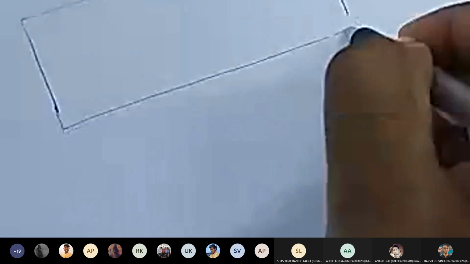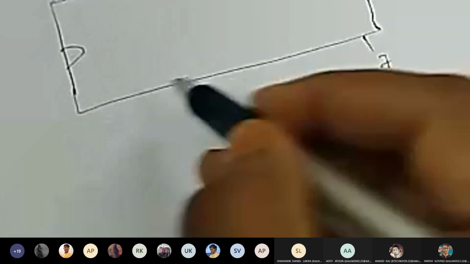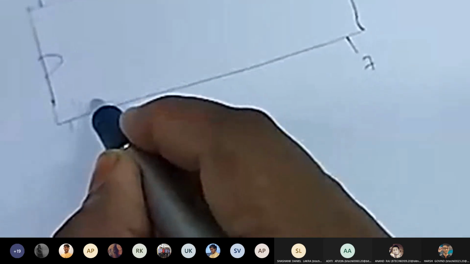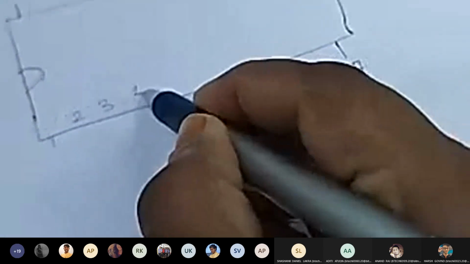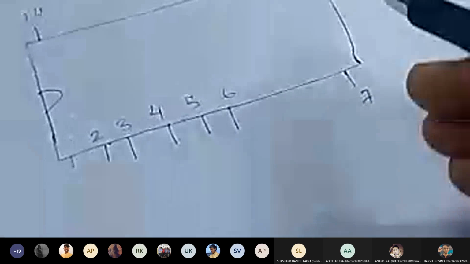Definitely it will have 14 pins. So this is the notch part. This is the 14th number, this is your 7th number. 1, 2, 3, 4, 5, 6, 7.